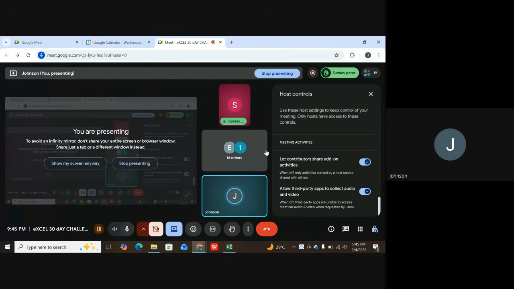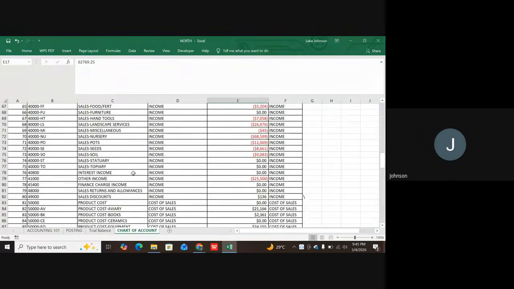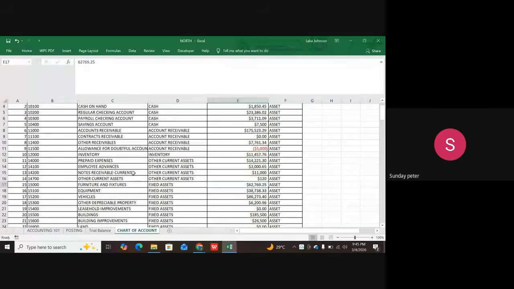Okay, is it what I just showed us now? No, the one after the profit and loss, balance sheet and the rest, the last one that we said we can link something with. Okay, are you talking about chart of accounts? Yes, exactly, this one.